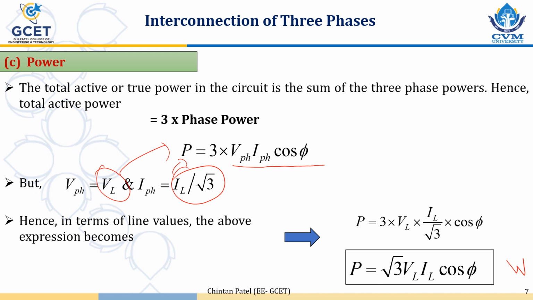So the total power of a three-phase circuit is root 3 VL IL cos phi. If you recall, the total power in a three-phase star connected network, the equation was similar, root 3 VL IL cos phi. So whether it is a star connected network or a delta connected network, the total power in the circuit is given by the equation root 3 VL IL cos phi.